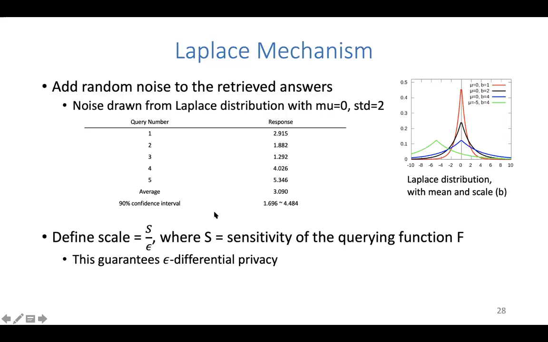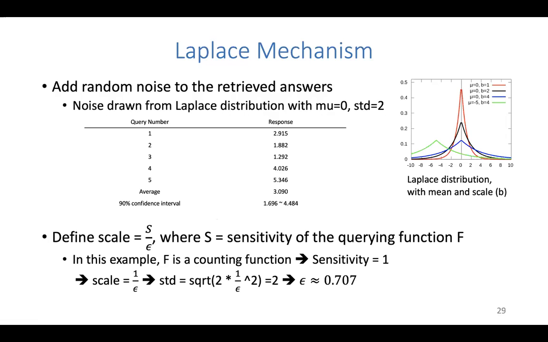Before we go on, what is the sensitivity of the querying function f? What does S mean? Sensitivity is the largest difference that could be made by your querying function f. In this example, f is a counting function, so the sensitivity is 1, because the largest difference that can be made by a single example is 1.